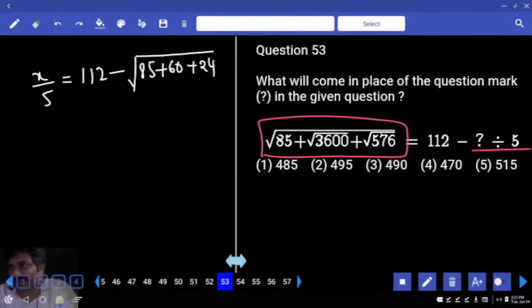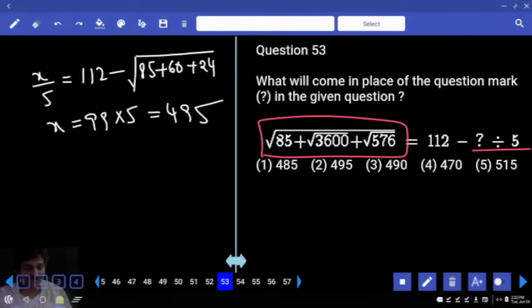Root 169. 112 minus 13. Then x is equal to, into 5 times only. 100 times and half minus 1 time only. Otherwise 5 times, in the sense 10 times. 10 times minus 10 times and then make it half. 100 times of 5, 500 minus 5. 495.